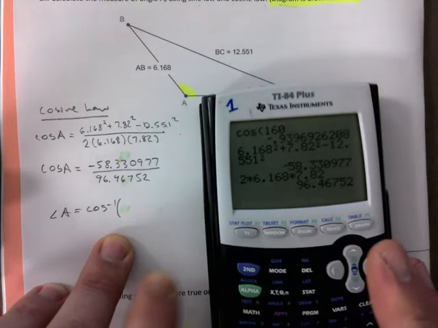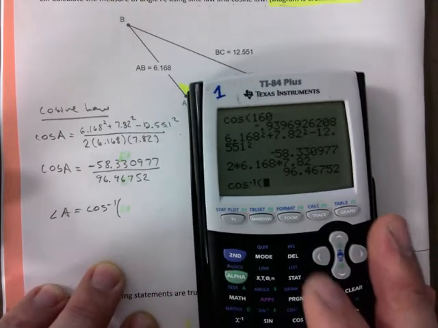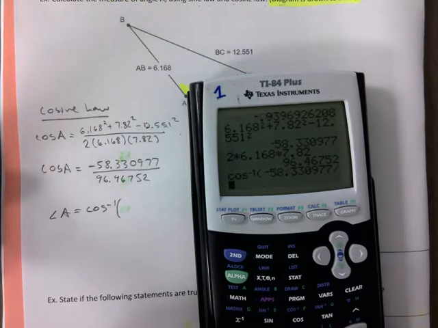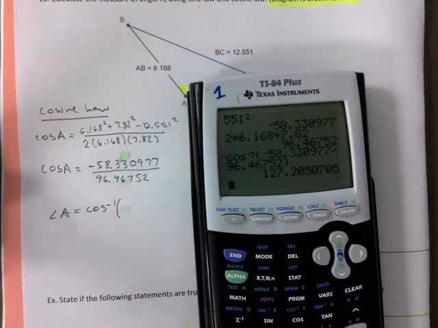I'm going to just do this in one shot, okay? Cosine like that. I'm going to go negative 58.330977 divided by 96.46752. And it's supposed to be 127.21.